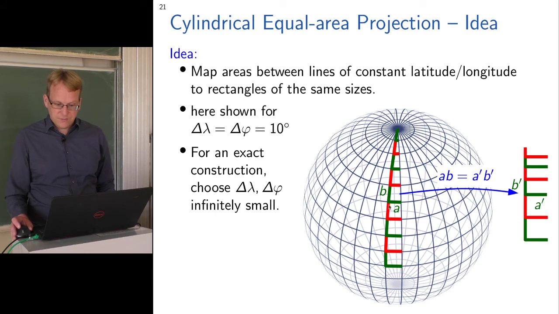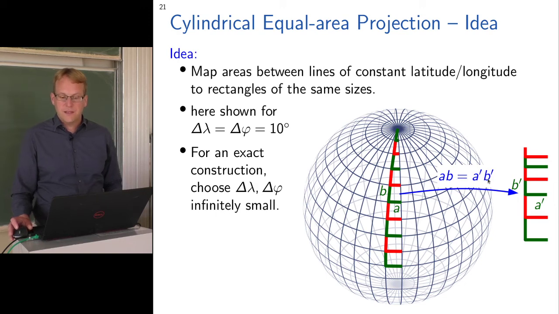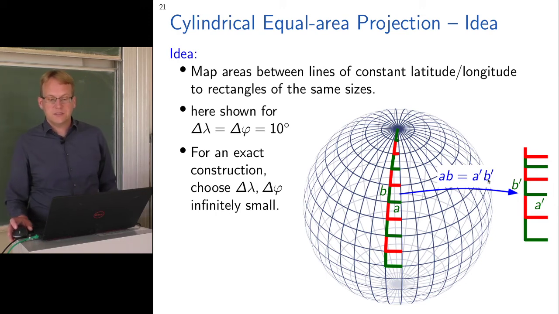Here we have A and B, and here we have A prime and B prime. Our requirement is that the area of these elements is the same. The area of a rectangle is just the product of width and length, so A times B should be equal to A prime times B prime. That is now our requirement for the area preserving cylindrical projection.